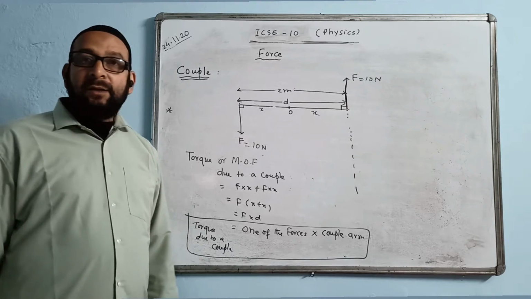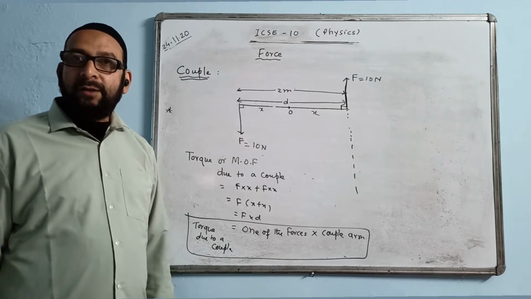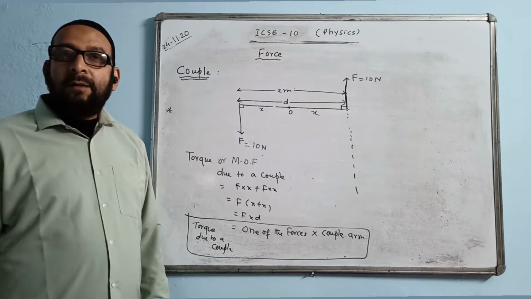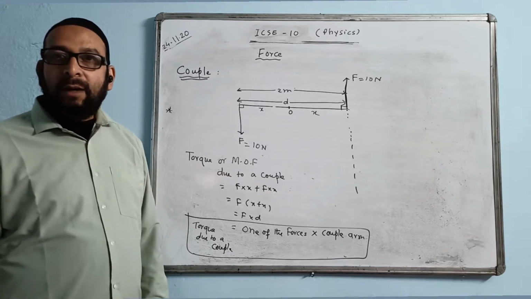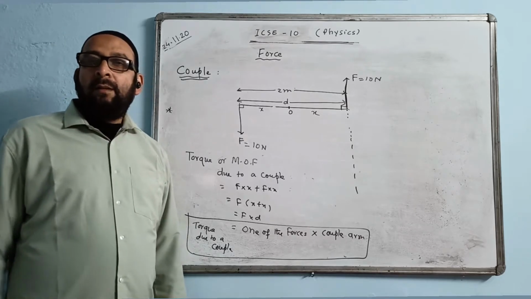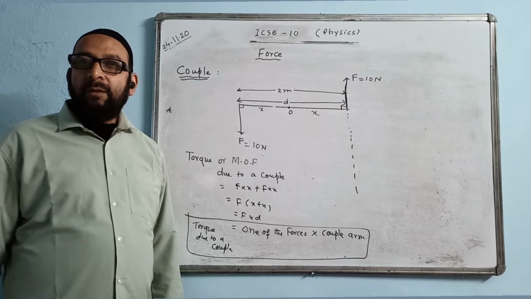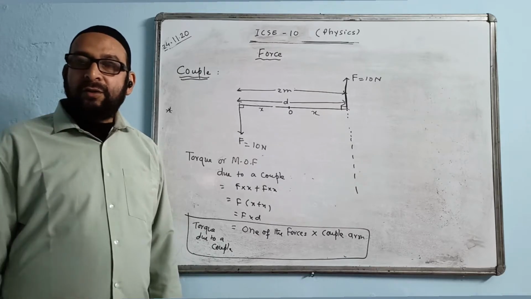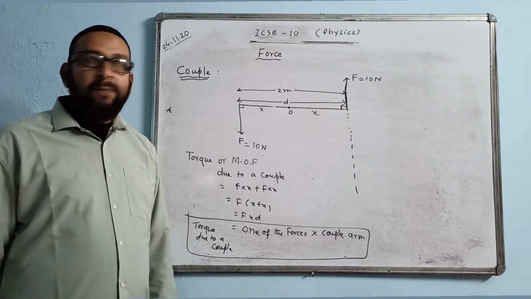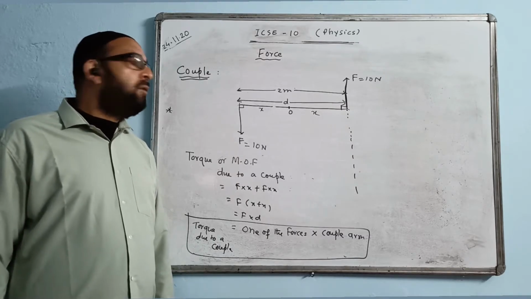You can elaborate your answer now. When a body turns under the influence of a couple, the net force on the body is 0.